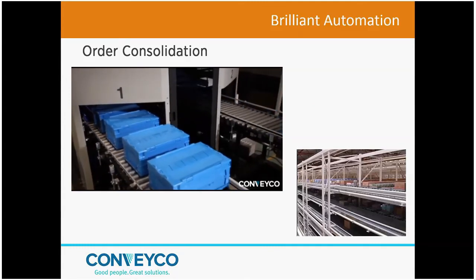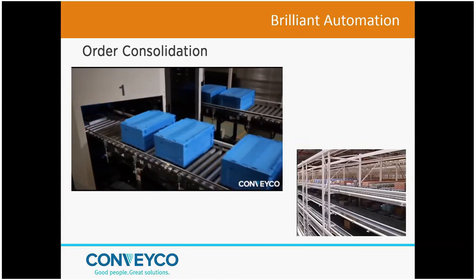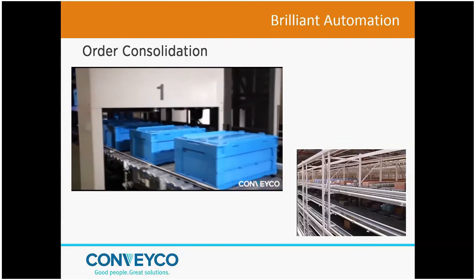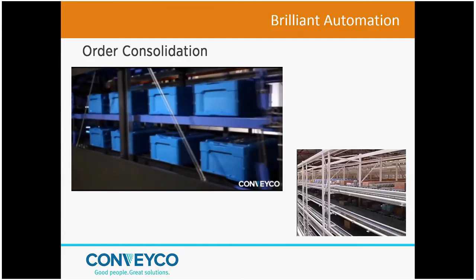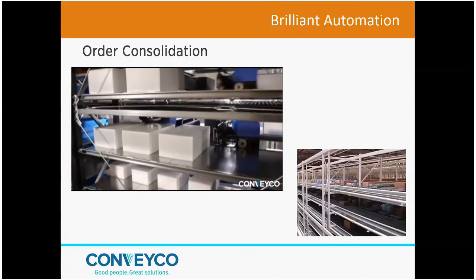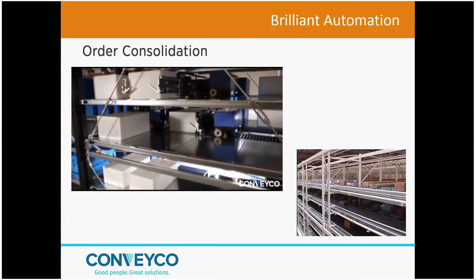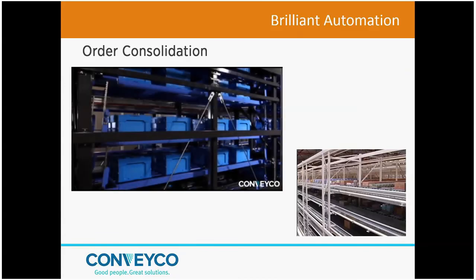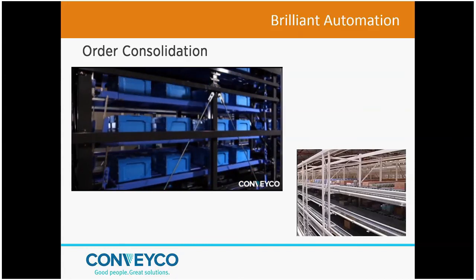You can load this thing with one SKU per lane, and in a case picking operation, this would operate like a soda machine, so that when order number one needs 2 cases of the first SKU, 1 case of the second, and so on, the recipe and the actual picking of the cases for the order is automated by this buffer. The other way to use it is as a consolidation buffer.